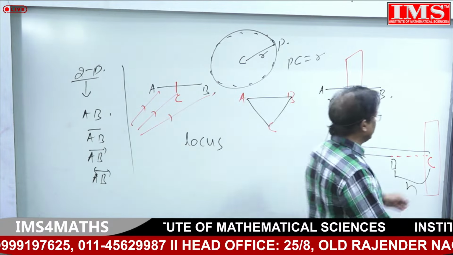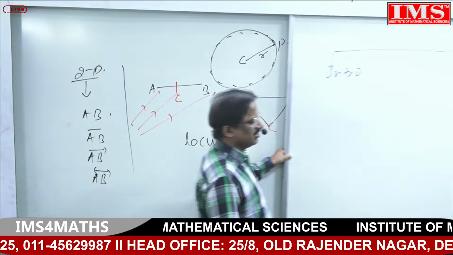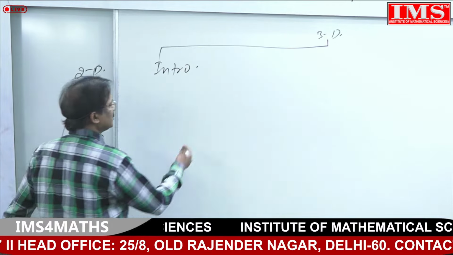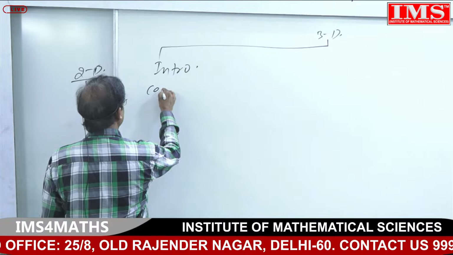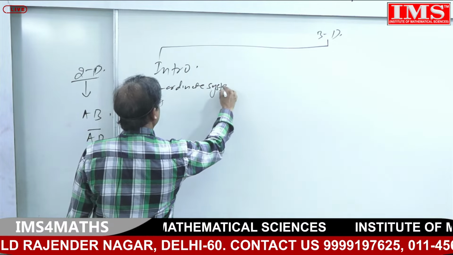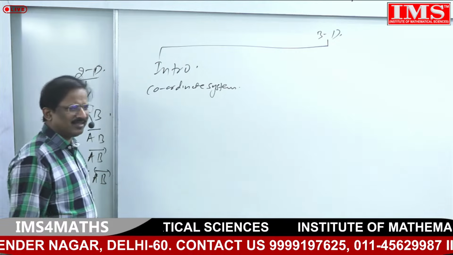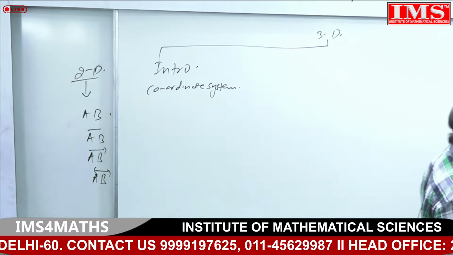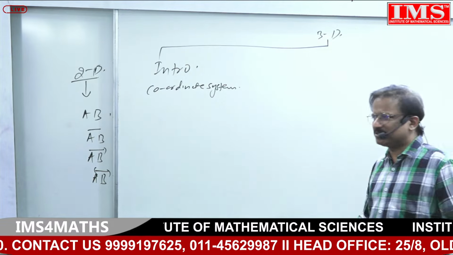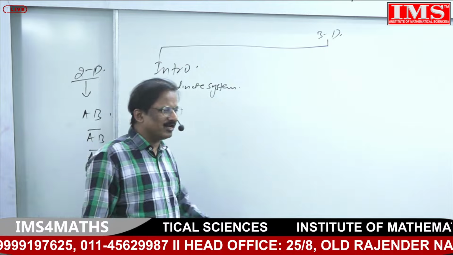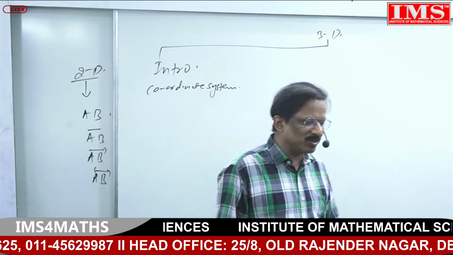The same sort of information you study in the intro of 3D, where you talk about the coordinate system. In the coordinate system, you learn about the distance between two points, or the midpoint of a line segment joined by two points. Three points lying on a line are known as collinear.